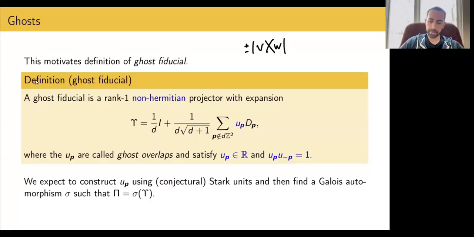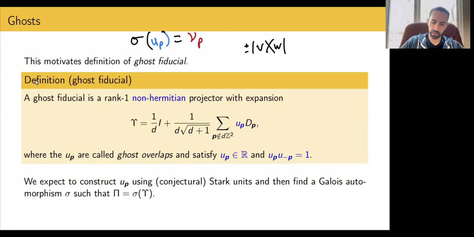And I insist, because these Stark units are always real, I insist that these expansion coefficients are real. Right? So the intuition here is, right, sigma of UP should equal nu P. Okay?